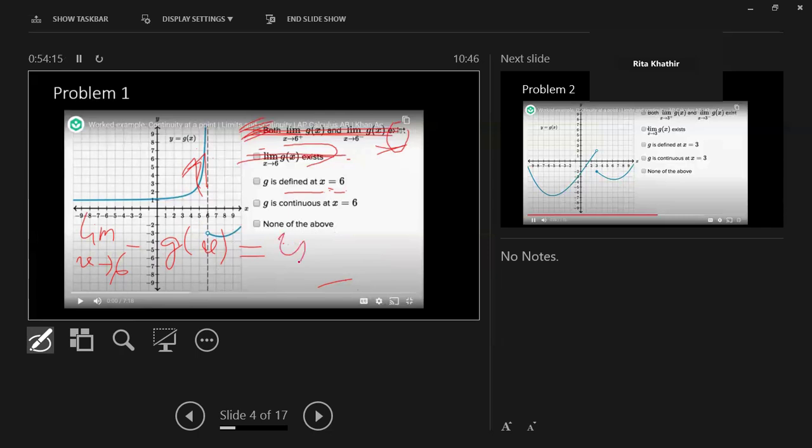You remember this? Asymptote. Unlimited. So, we cannot define g at x equals 6. And g is continuous at x equals 6. Continuous or not continuous? Not continuous because you cut it already with asymptote.